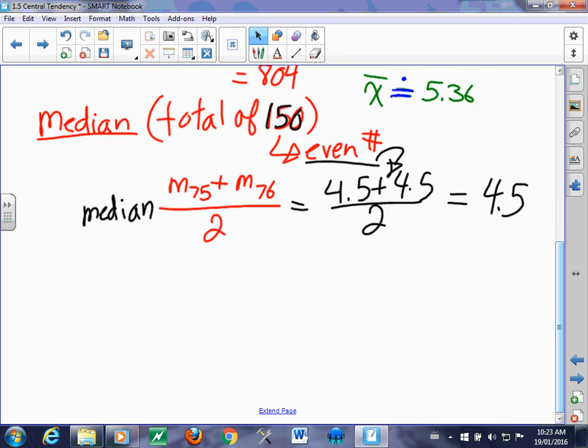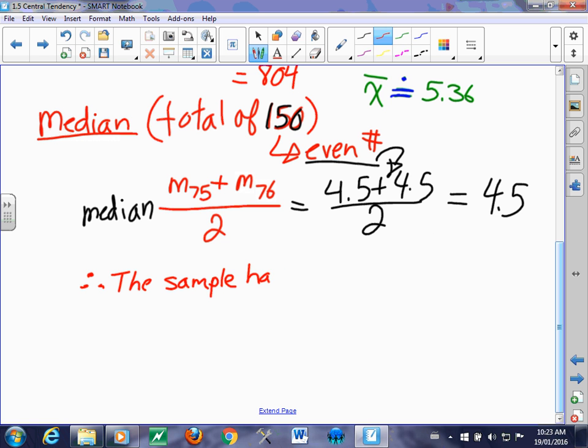Okay? And don't forget, folks, if this is a word problem, you're going to say the sample had a mean exercise time of 5.36 hours. Where do you fit on that?